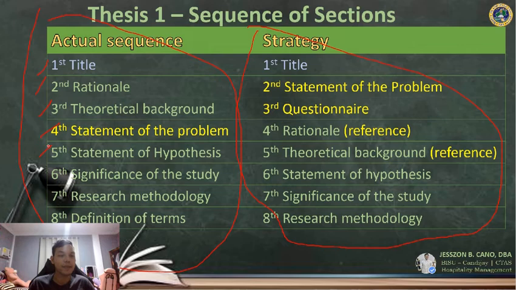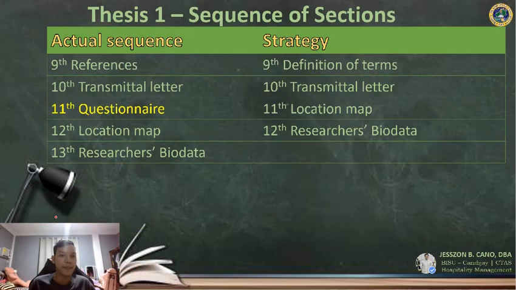Fifth, statement of hypothesis, this is your assumption of your study. Sixth, significance of the study, who will benefit from your study. Seventh, research methodology, what kind of methods you are going to use, how you will select your respondents, where you are going to conduct your study, and so on. Eighth, definition of terms. Ninth, you will create references.